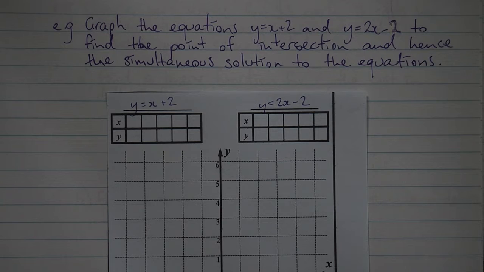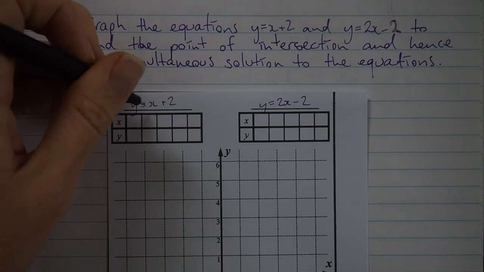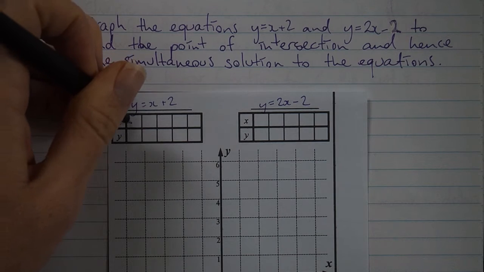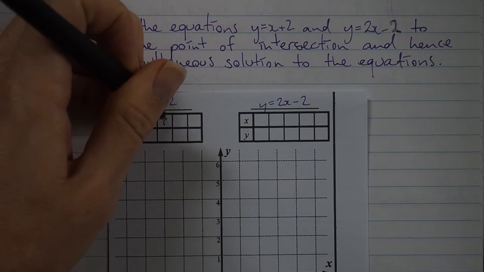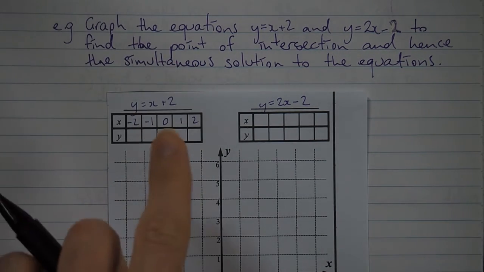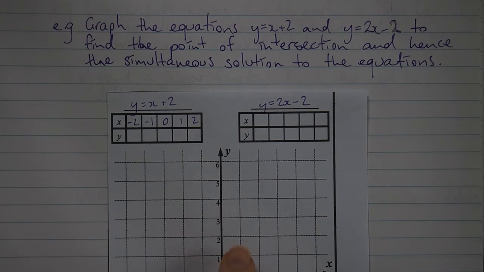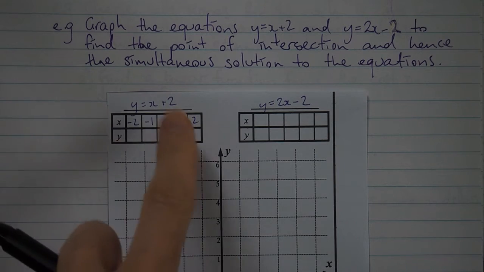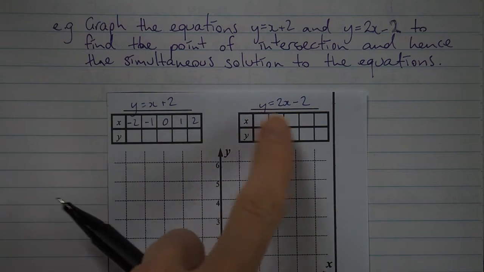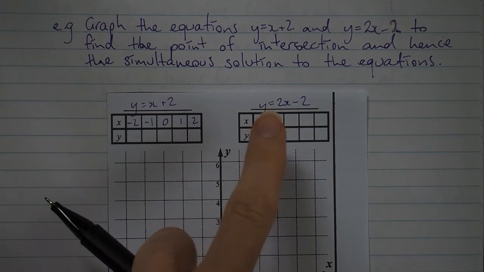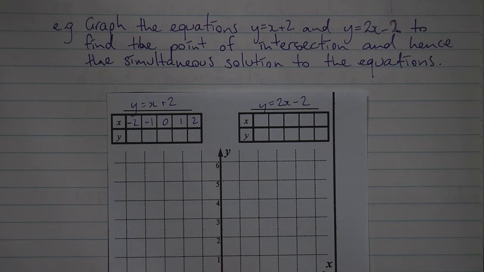So I'm just going to use really straightforward values. When x is -2, -1, 0, 1 and 2, I always like to use values quite close to the origin. It's not always going to work out, but with low numbers like that appearing in these equations, our point of intersection won't be too far away.